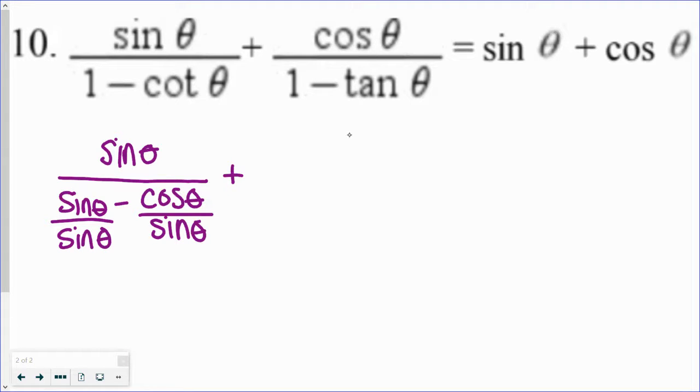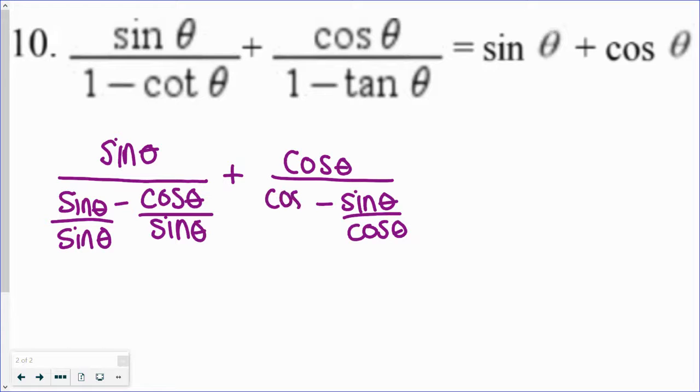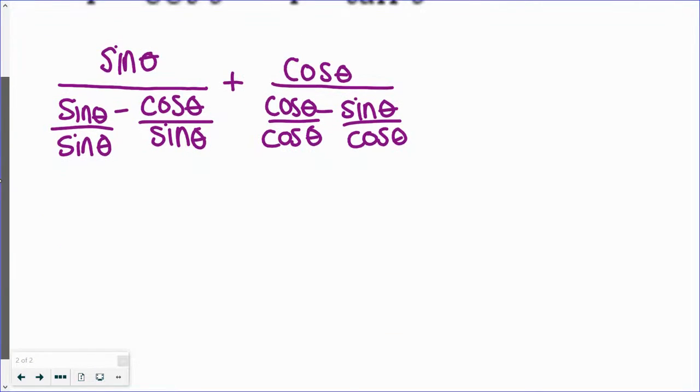And then I'm going to write plus cosine theta over tangent, which is sine over cosine. And the way we're going to write this one is cosine over cosine. So this way there's a common denominator and I can combine these two fractions.